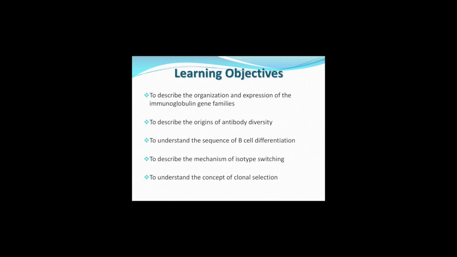And so I'll also tell you about how this process evolves during the differentiation of the B cell, starting from the stem cell to a functional antibody producing cell.